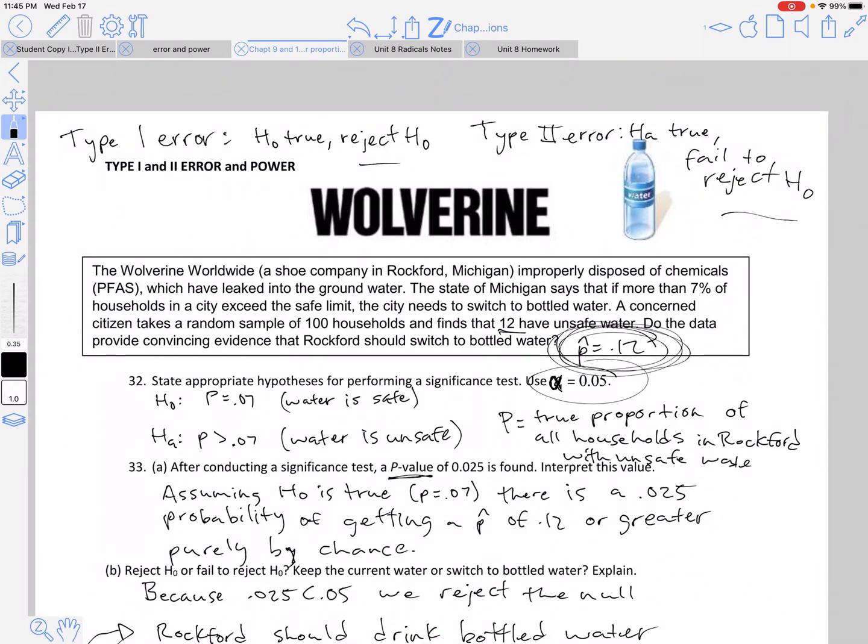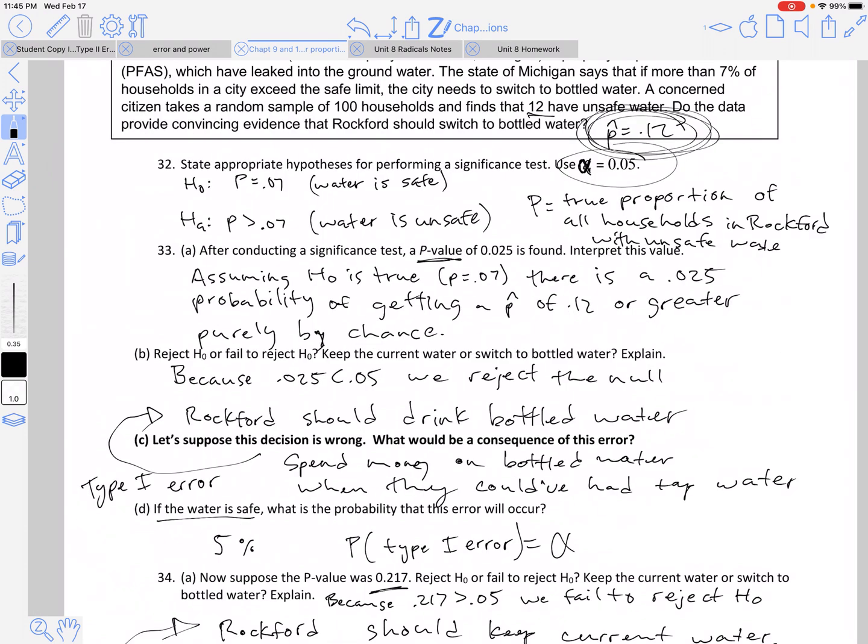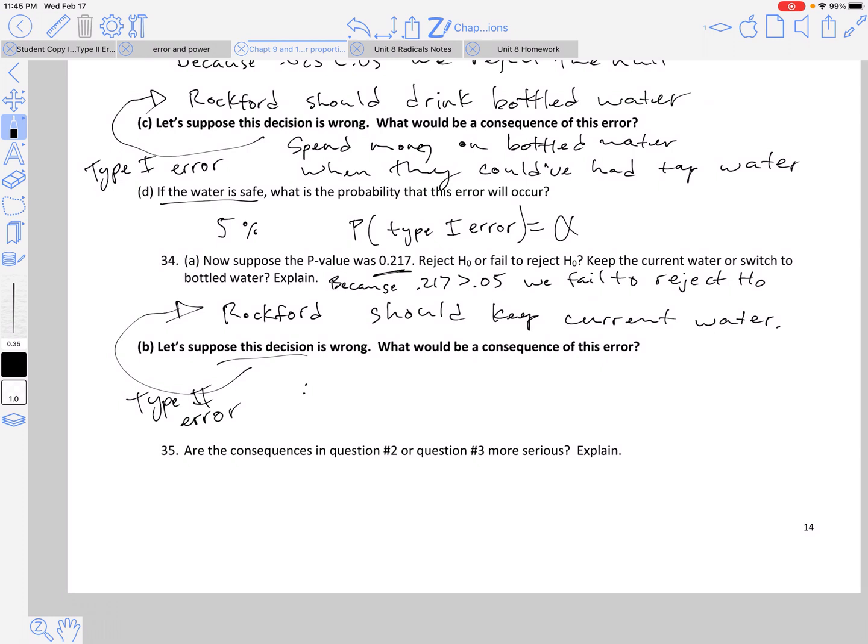Saying, you know what, the water's safe, you're fine. But really, the water was unsafe. What are the consequences, right? All right, so people will drink the water because we told them it was safe, so people could get sick, potentially die. Okay? Hopefully not, but I mean, it is a possibility.